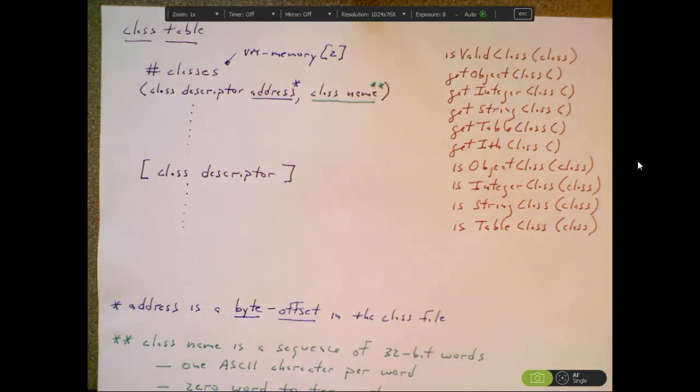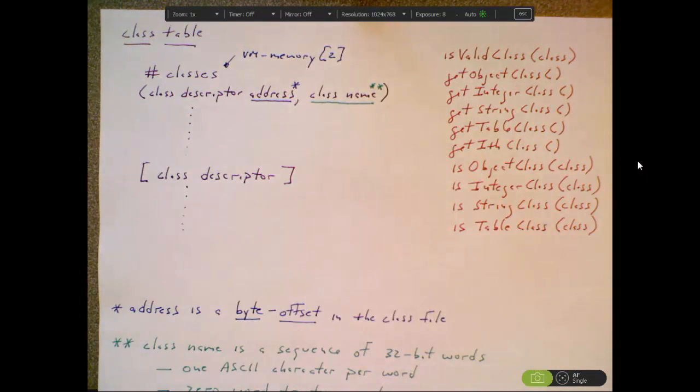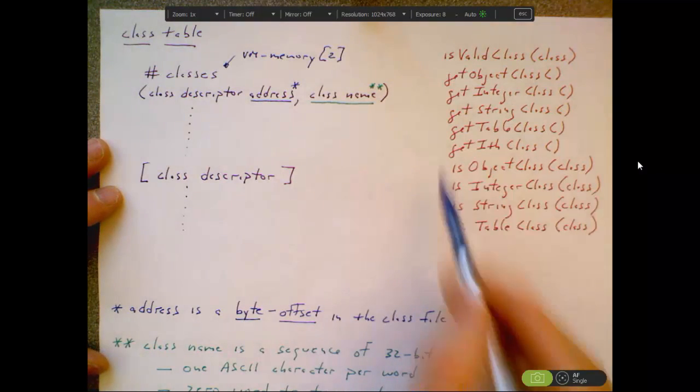It's right after the first two main block words. 0 and 1 are the two main block words, so the next thing in the class file is, in fact, the number of classes. It's interesting that the interface doesn't have that function to access it, I guess. And I guess you don't need it inside the execution engine. You're going to be accessing everything through these functions.